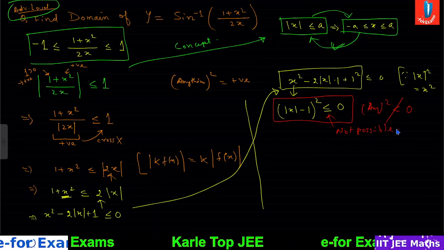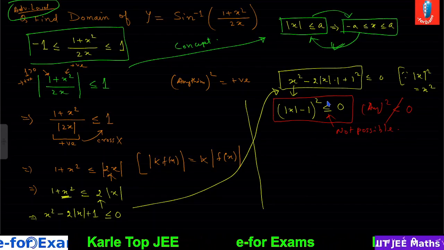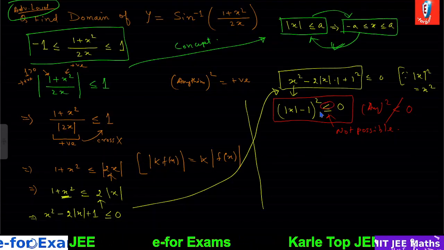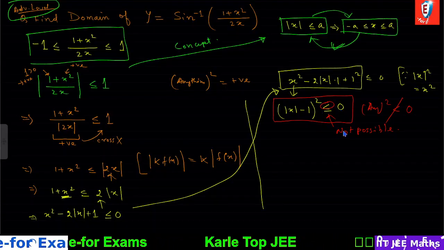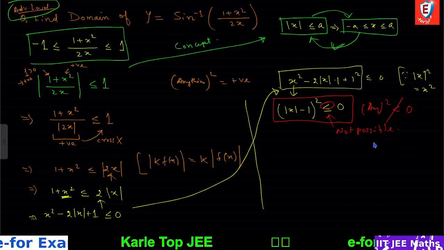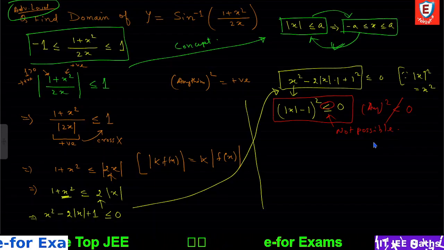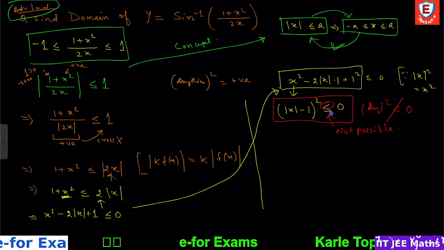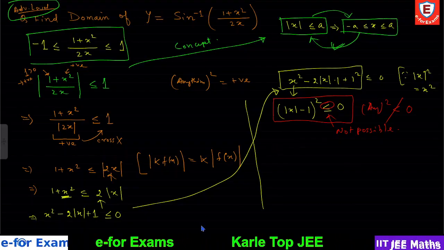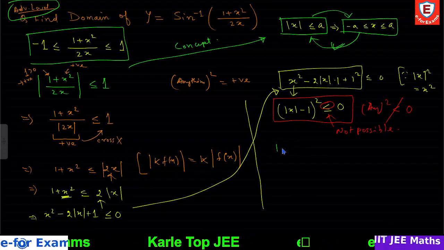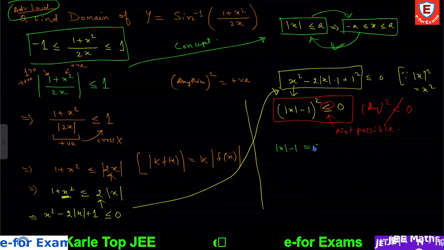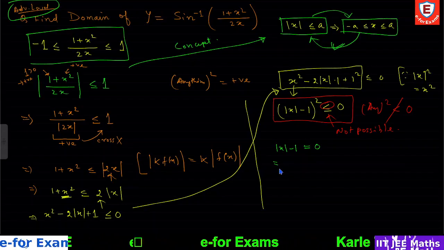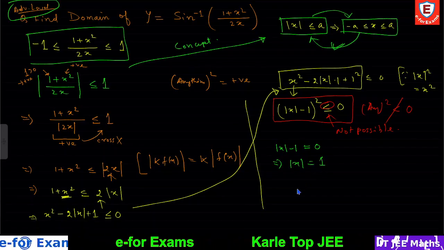Less than 0 is not possible, so the only possible thing is equal to. If you square any number, it will not be a negative number. So we will take this as mod of x minus 1 equal to 0. Got it? This implies mod of x equal to 1.